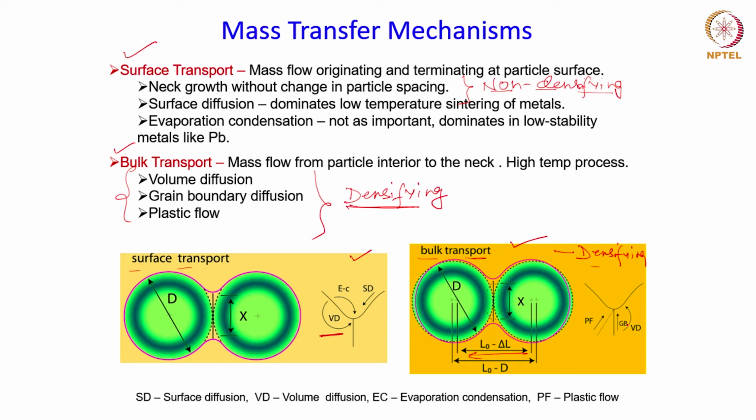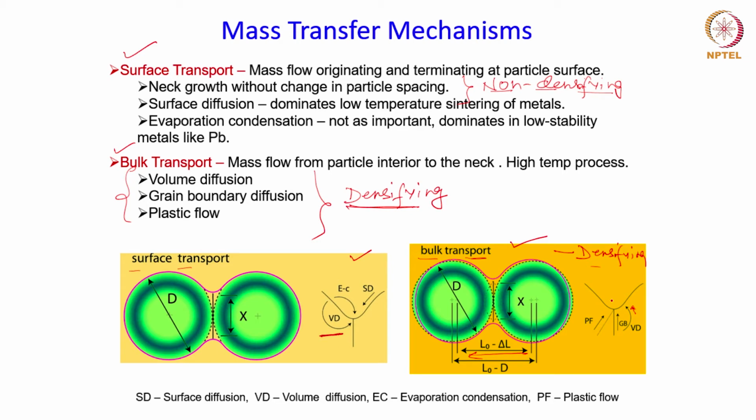Volume diffusion or lattice diffusion, as it happens in the bulk, is actually leading the atomic diffusion from the bulk or the lattice of the material towards the neck region, as you can see from here. Grain boundary, as the name suggests, occurs across the grain boundary, and the material flows through the grain boundary towards the neck for the neck to grow.